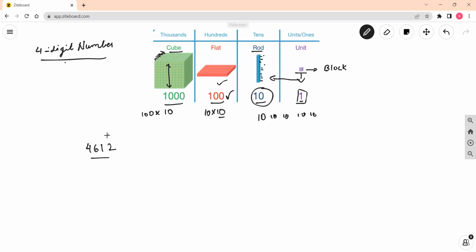So here 2 is in the ones place, 1 is in the tens place, 6 is in the hundreds place, and 4 is in the thousands place. So how many thousands are there here? 4. So how many thousand blocks do we need here? 4,000 blocks. Okay. We need 4 such 1,000 blocks.